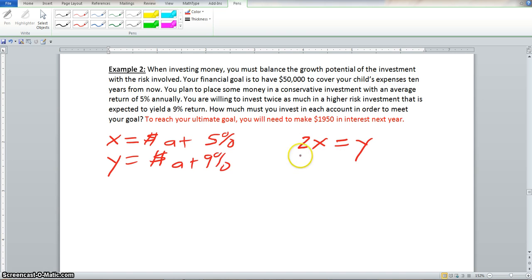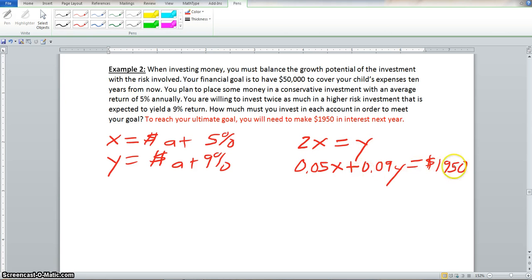The interest will be 5%, so it'd be 0.05x plus 9%, which is 0.09y, and that must give us a yield of $1,950. Now, so we will go through here and do this. We could use substitution since we already have this set up. Y is equal to 2x.